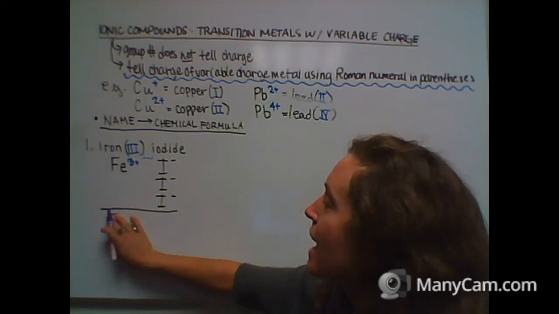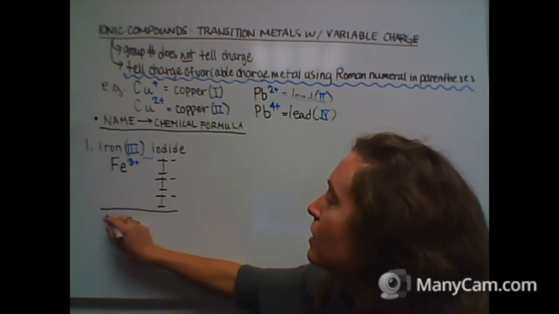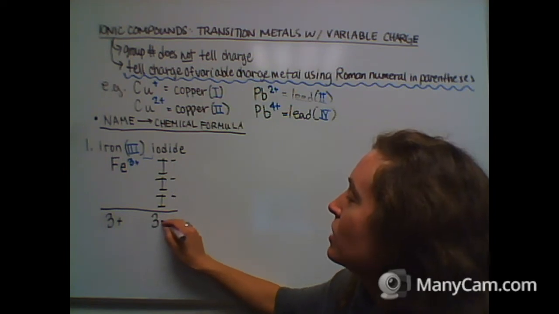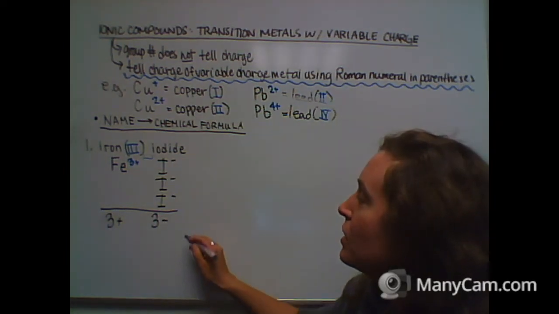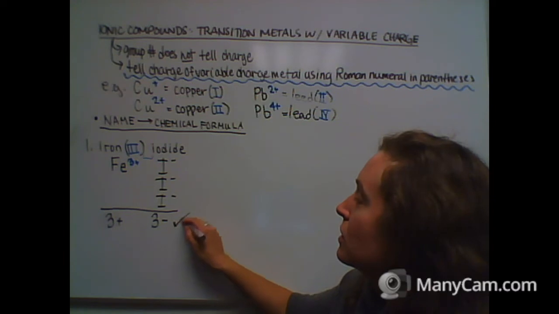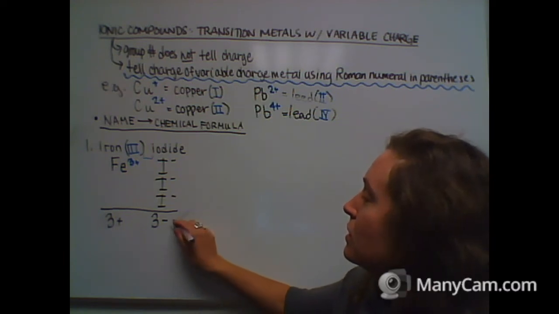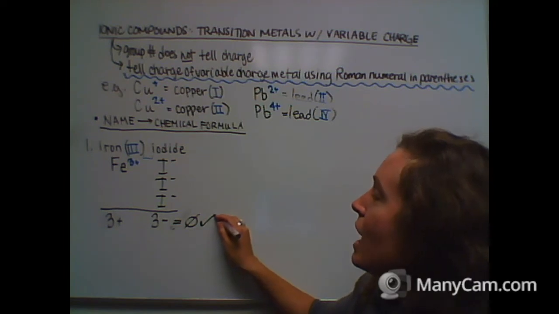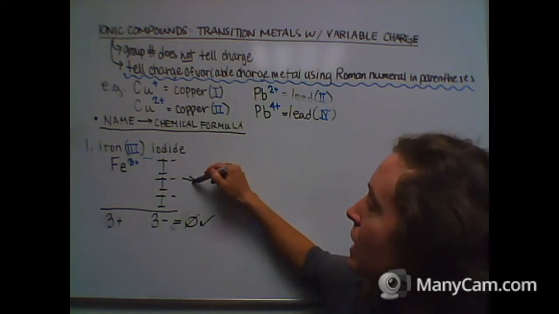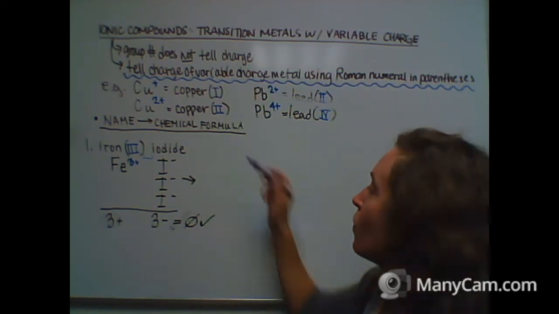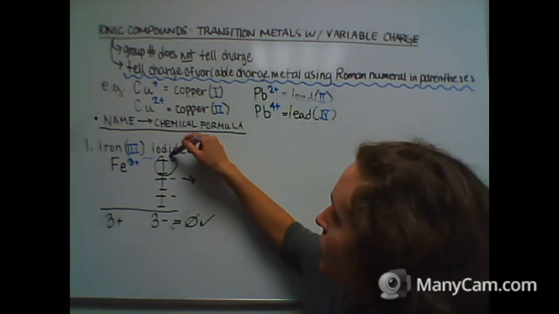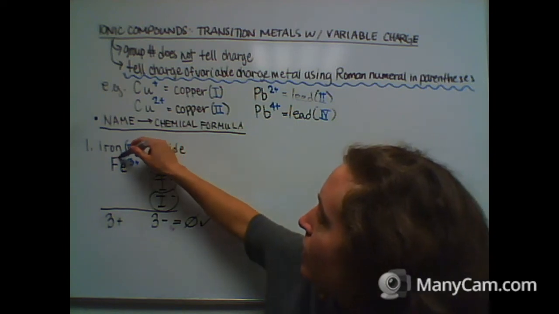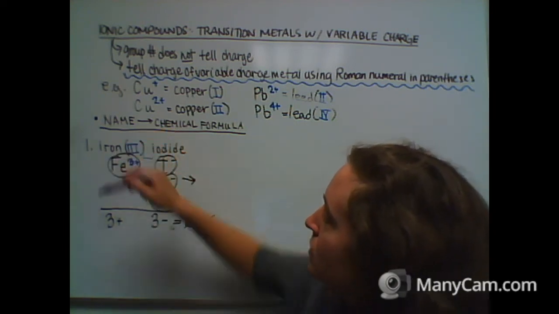Let's again tally up the positive charge from the cations and the negative charge from the anions, right? Those cancel out to 0, right? And so now let's write the chemical formula for this compound. We're going to circle each ion to show the pieces that come together, right?